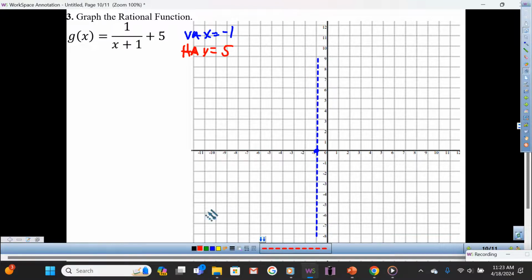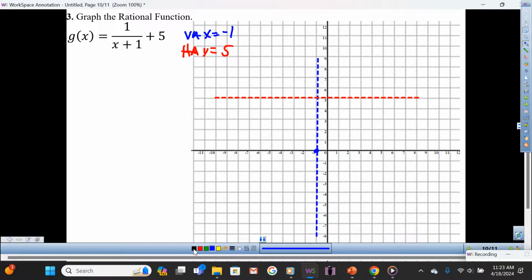And then we need our HA at +5. +5 is right here. There it is. Okay. So step 1, you identify your HA, VA, and graph it.